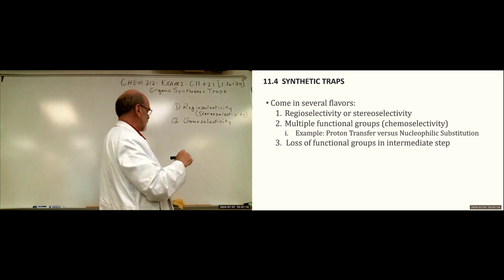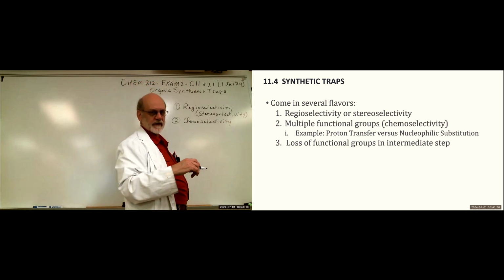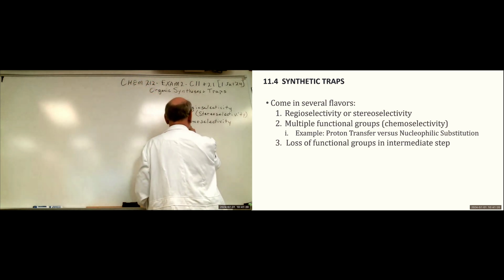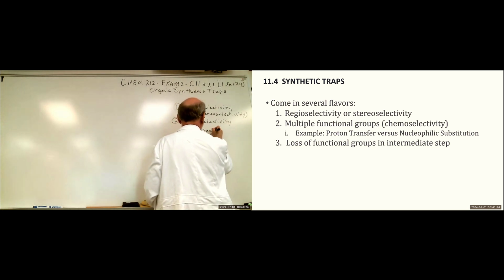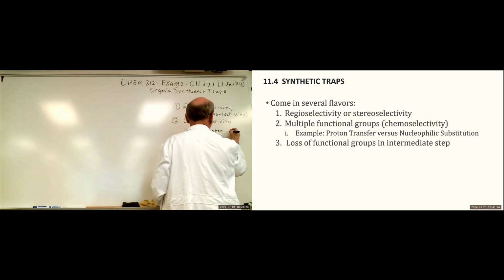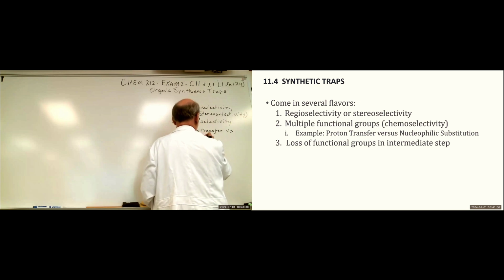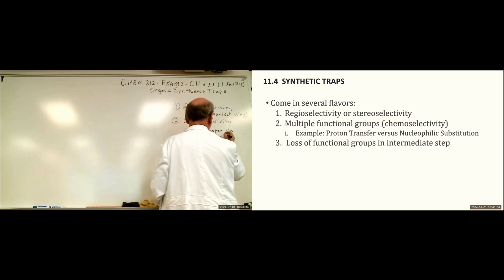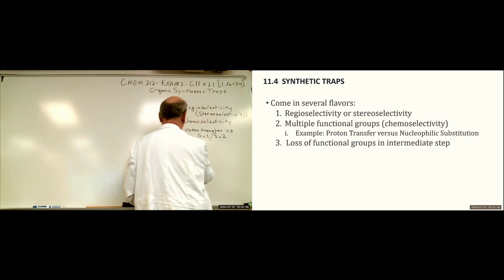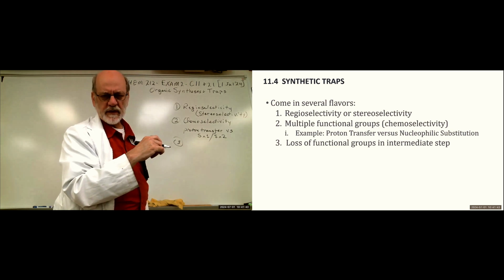An example that we're going to discuss is the proton transfer versus nucleophilic substitution, SN1 or SN2. One or the other. And the third one: loss of functional groups in the intermediate step.